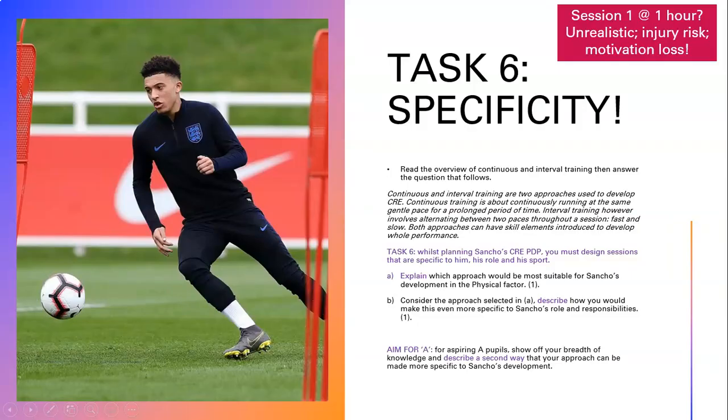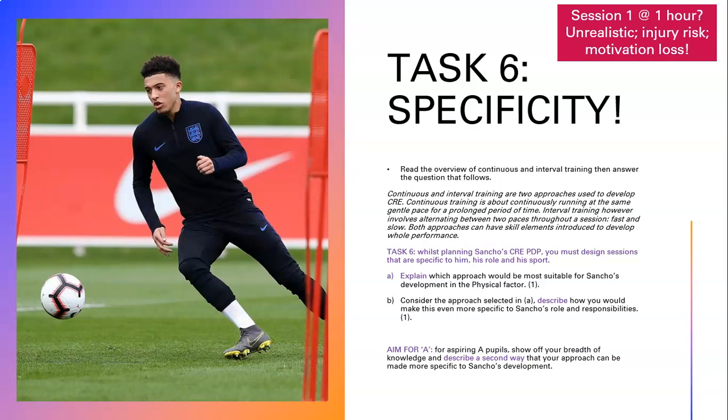Before we go into more information in this slide, linking back to what the task was before, 1 hour is far too long for somebody who's got such a low opinion of their own CRE. By training for far too long, the short-term goal of achieving your aim in that session is unrealistic, which could result in a motivation and confidence loss, which then results in giving up.